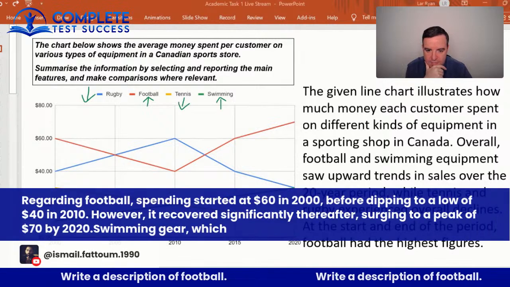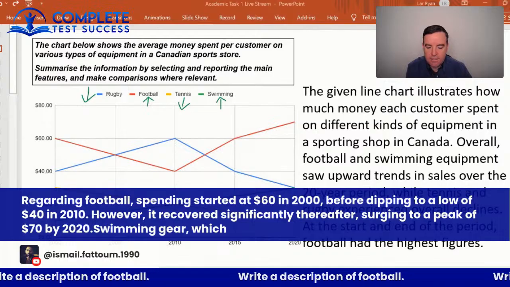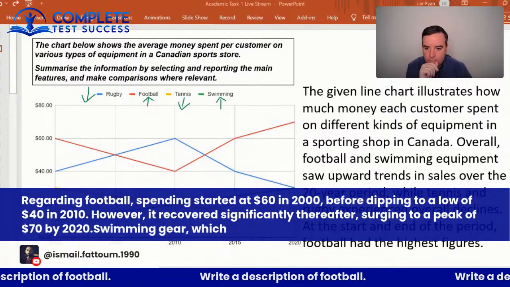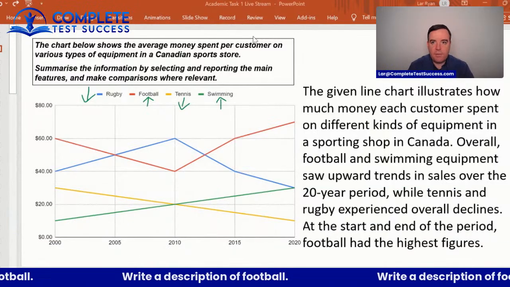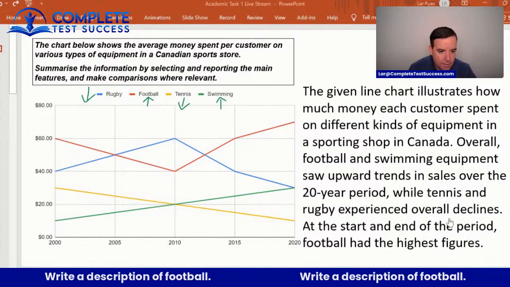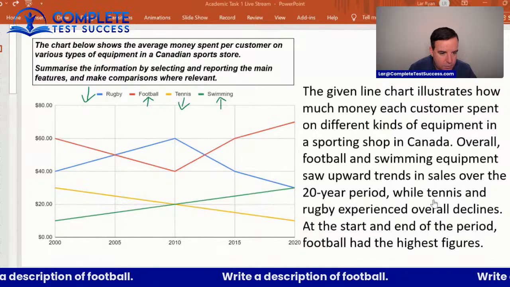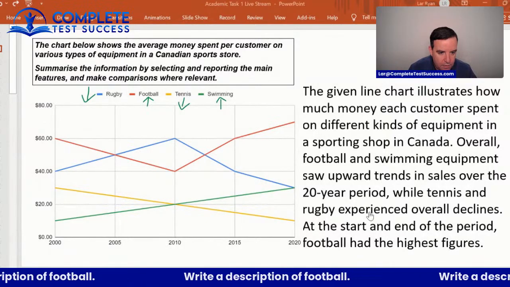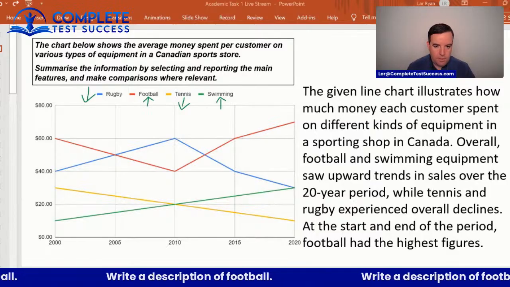However, it recovered significantly thereafter, surging to a peak of $70 in 2020. Okay, there's just one mistake with that, but let me take that first. I'll come back to the bit on swimming later. I'll give that as a task in a minute.